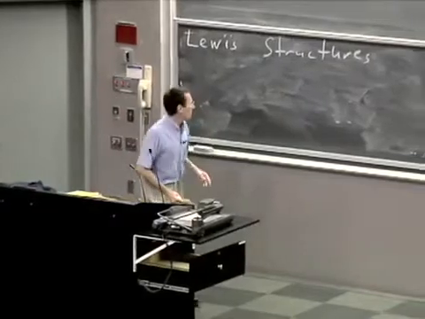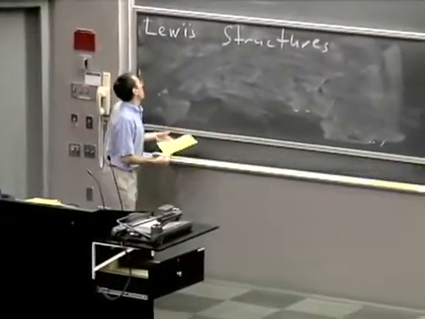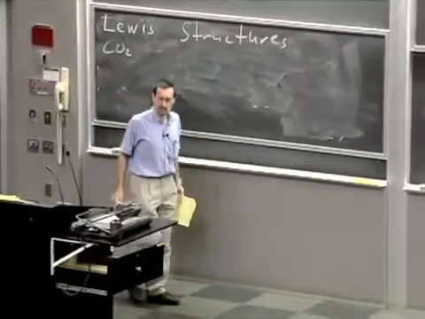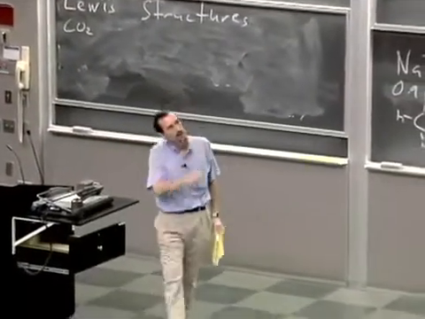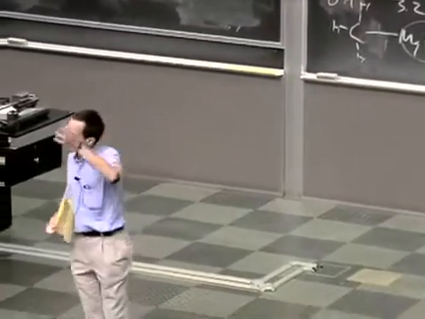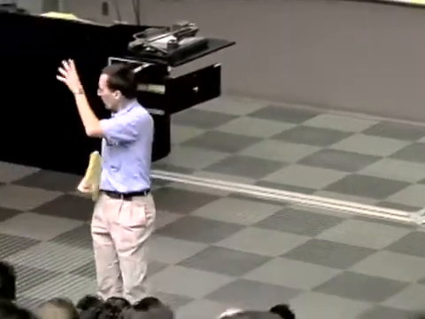So, let's start with the molecule carbon dioxide, CO2, the one that we've been drawing a couple of times now. Remember how you do it. You pay attention only to the valence electrons in each atom. And we're going to see how many valence electrons all of the atoms bring to the table. And then we're going to try our best to arrange them so that everybody gets a complete octet.